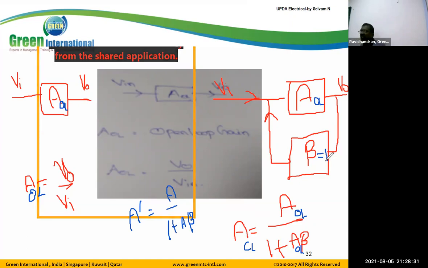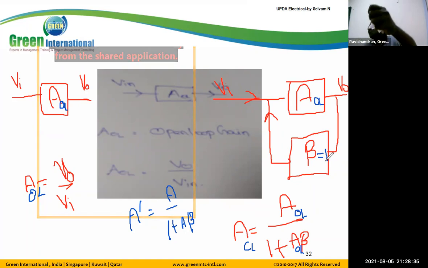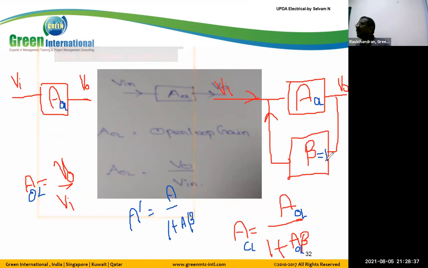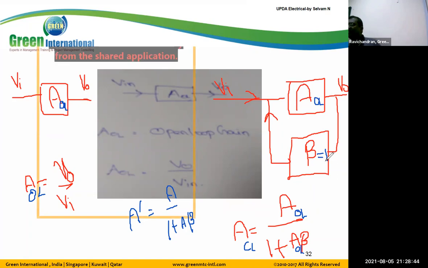Because if beta is equal to 1, it means we take all the output and put it to the input. That means we call it a unity feedback. Beta is equal to 1 means it's a unity feedback.